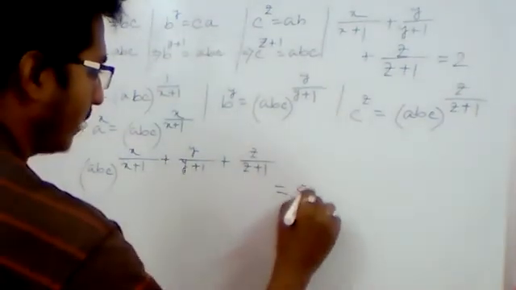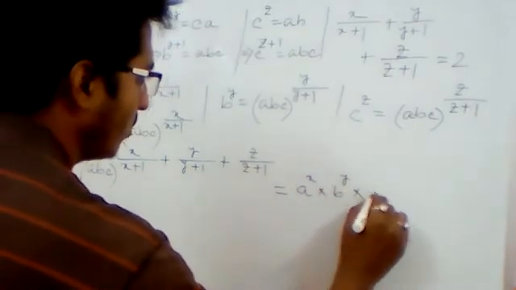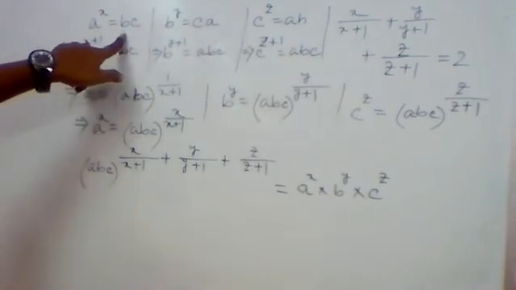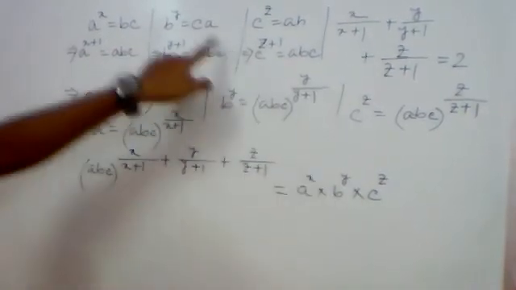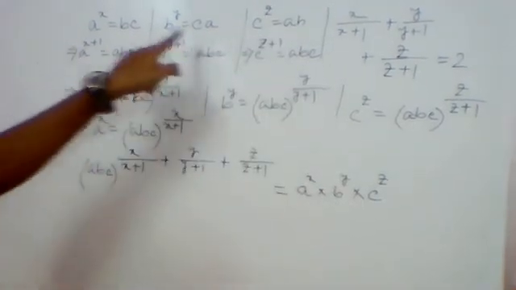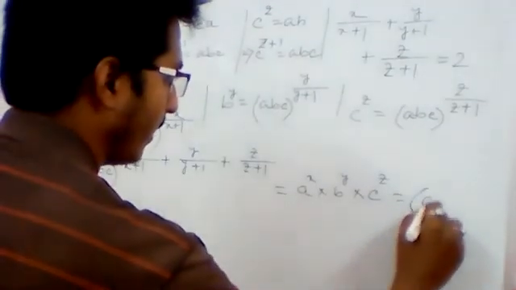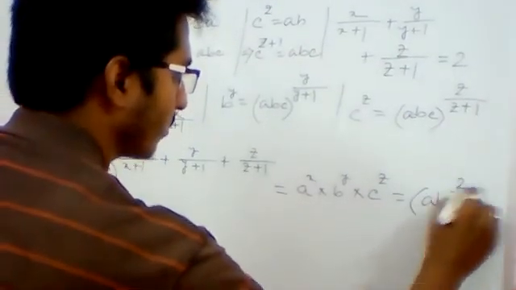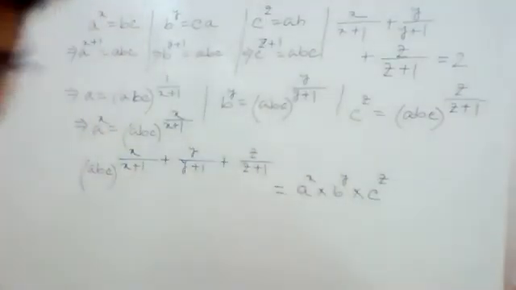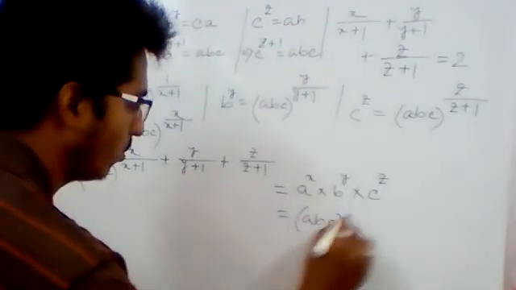So it will be a to the power x into b to the power y into c to the power z. Now observe one thing. a to the power x is bc, b to the power y is ca, c to the power z is ab. If we multiply, you will get (abc) whole square. So the result is what? (abc) whole square.